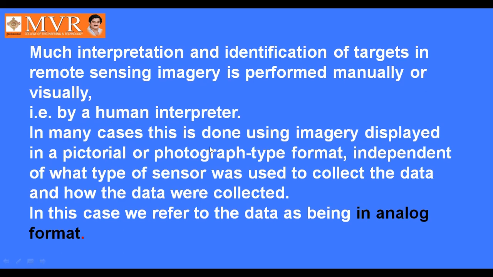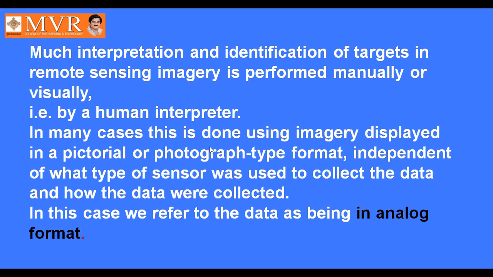In many cases, this is done using imagery displayed in a pictorial or photographic type format, independent of what type of sensor was used to collect the data and how the data were collected. In this case, we refer to the data as being in analog format.